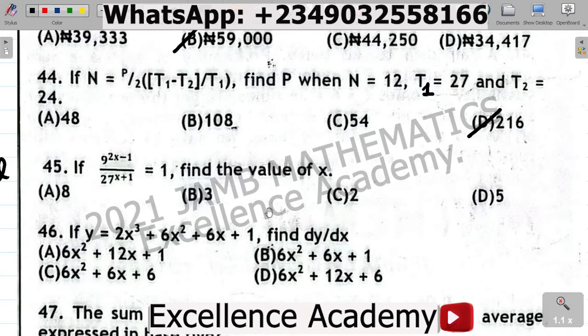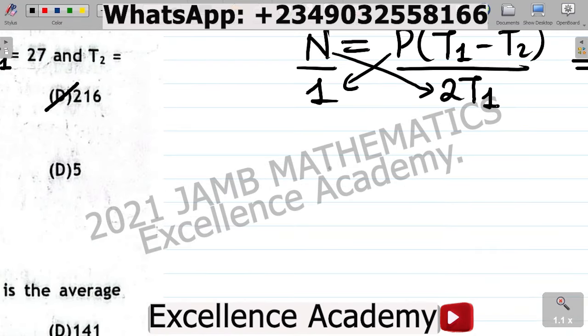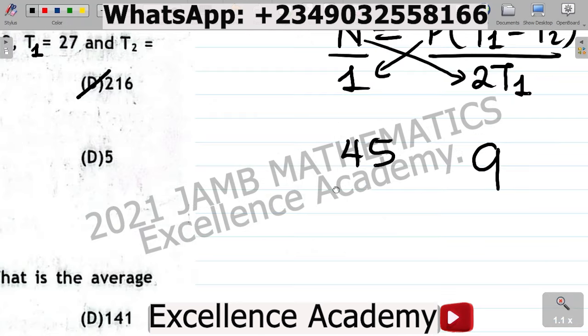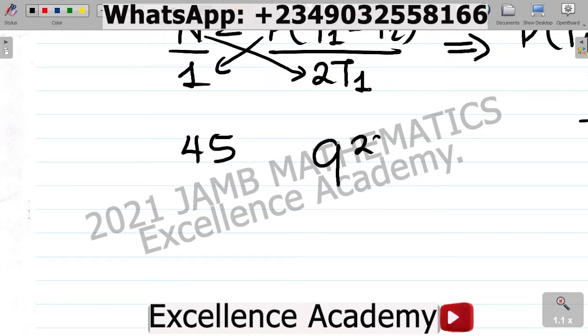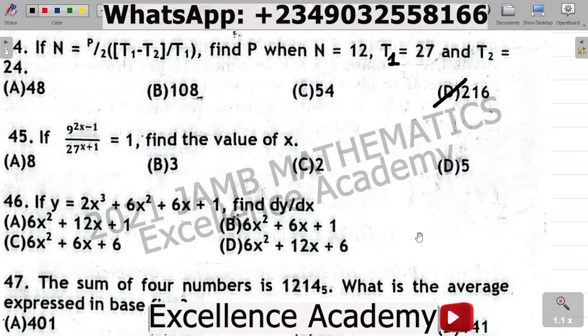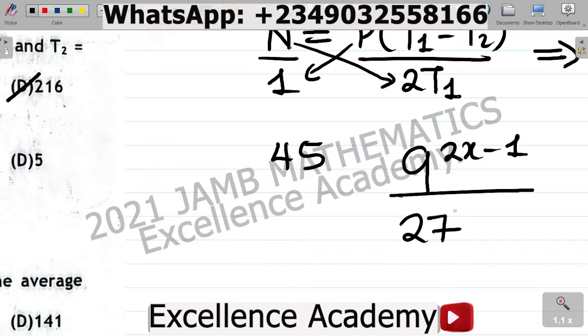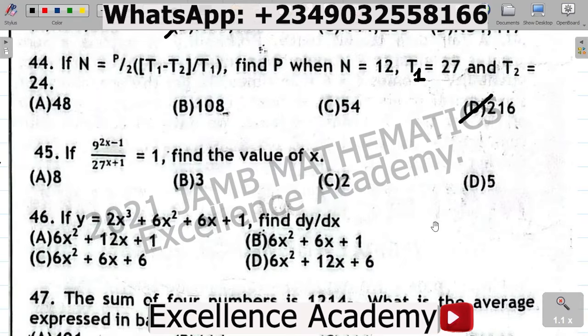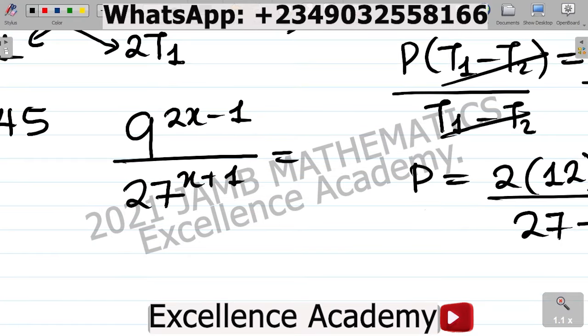Let's copy the question down first, 45. So for 45, we have 9 to power 2x minus 1 being divided by 27 to power x plus 1, and this is equal to 1.